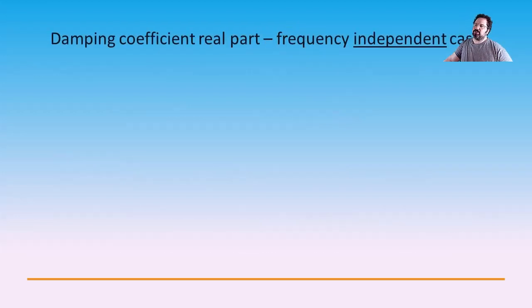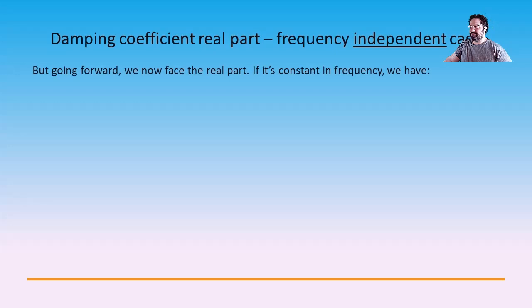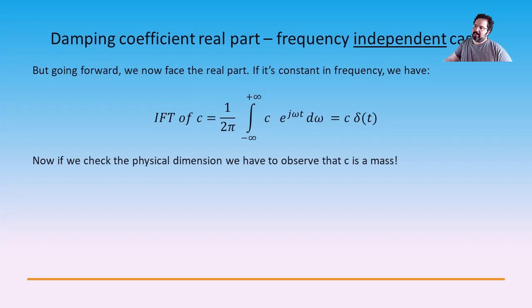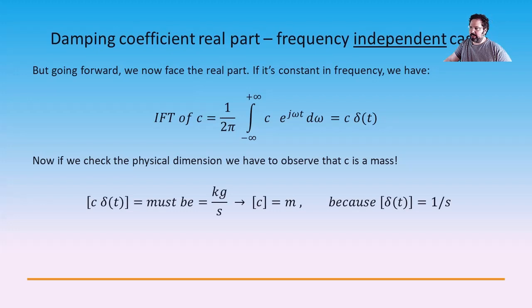So, damping coefficient, real part, the frequency independent case in first place. We now face the real part. If it's constant in frequency, we have this formula. Now, if we check the physical dimension, we have to observe that C is a mass, because, as usual, delta has 1 over the time, 1 over seconds.